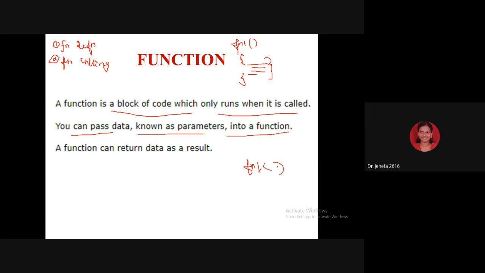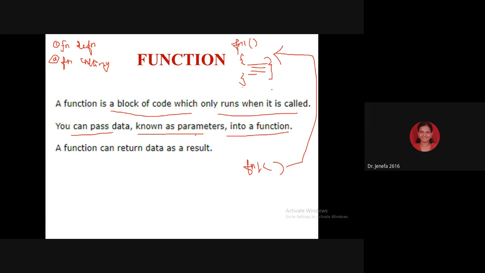When a function is called, automatically the pointer moves towards the function definition where the code is written for the function. So this code will be executed whenever the function is called. When a function is called, the compiler will move from the function calling to the function definition, and it will execute the set of code that is written inside this function.